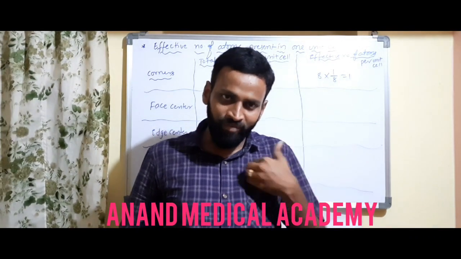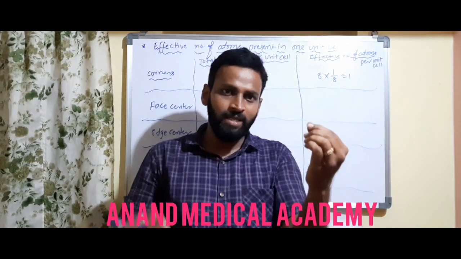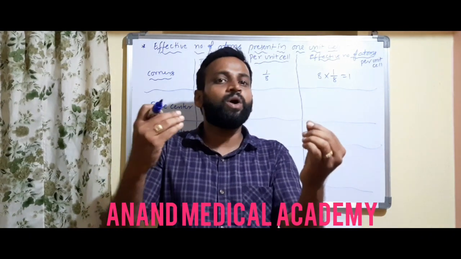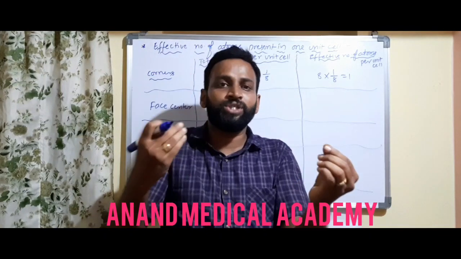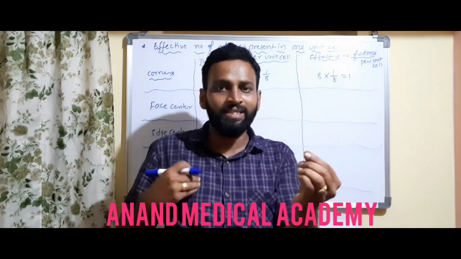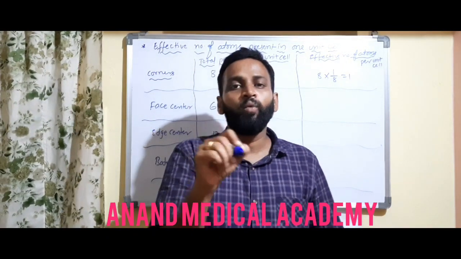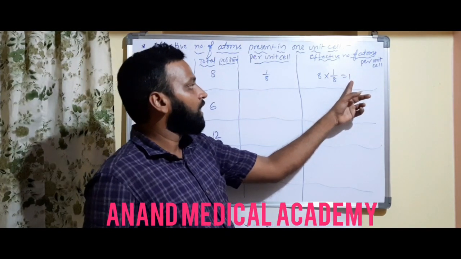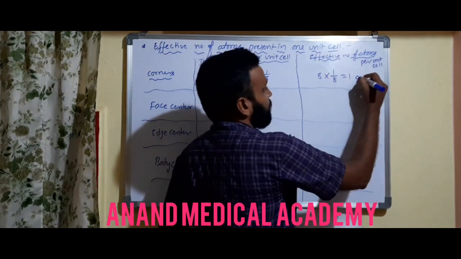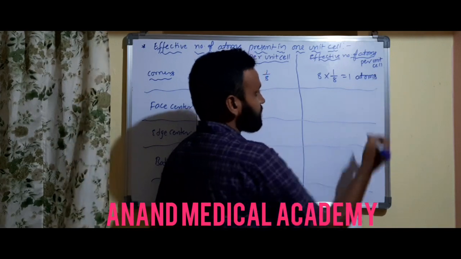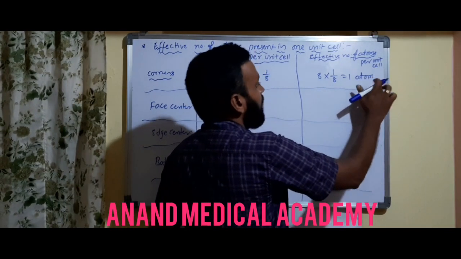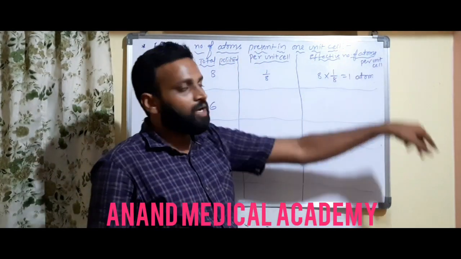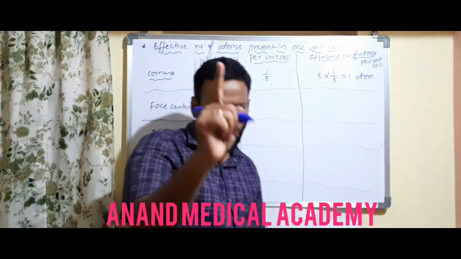So how much total partnership effectively, 8 into 1 by 8. So how many atoms will you get? 1 atom. So the effective number of corner atoms per unit cell is 1.